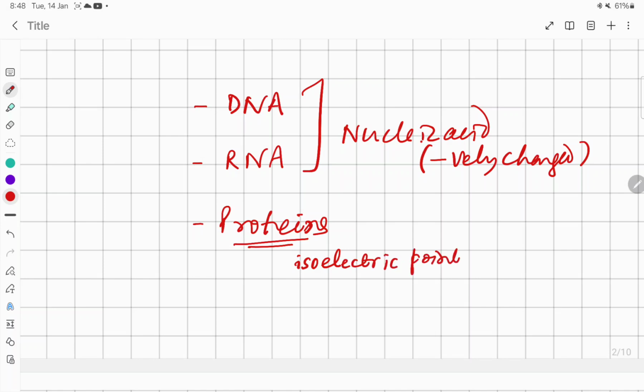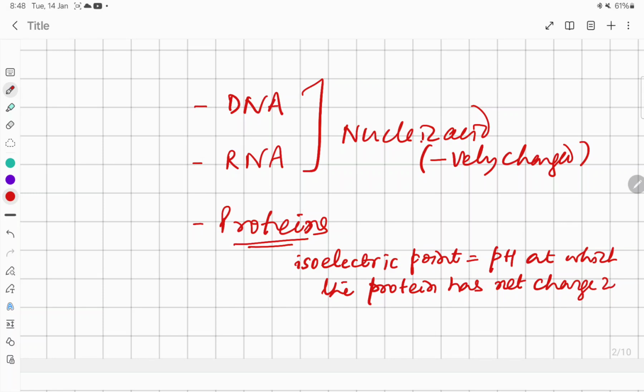The isoelectric point is the pH at which the protein has a net charge of 0. So the pH at which the protein has 0 charge is called the isoelectric point.